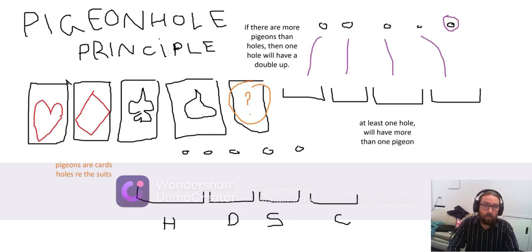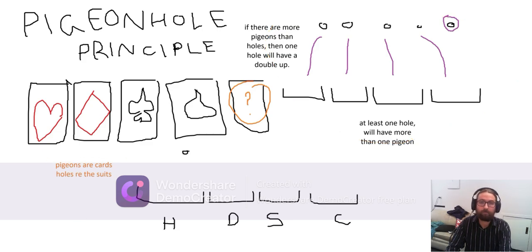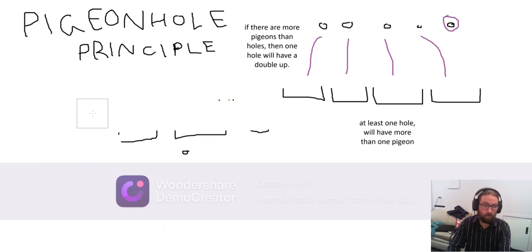And now we rewrote the problem to be identical to this basic example here. So this is an example of the pigeonhole principle where it's not actually obvious what your pigeons are and what your holes are. So here the pigeons are cards and the holes are the suits. Alright, let's get rid of all this, and I'm going to give a couple more examples of this principle.